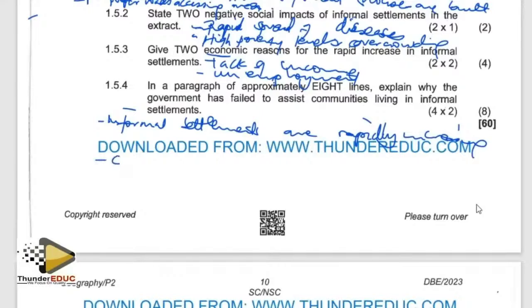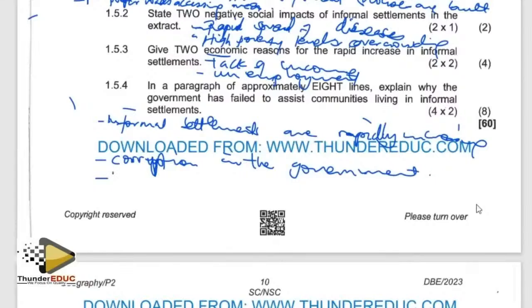Then you can also look at the fact that there is high corruption in the government. So people can't afford buying proper houses or getting proper houses. They end up having informal structures because of the corruption that is existing.